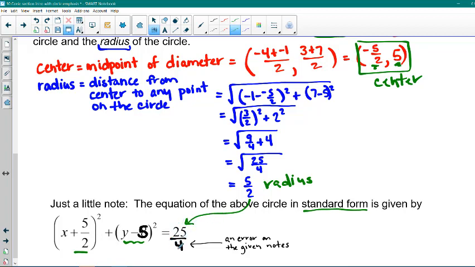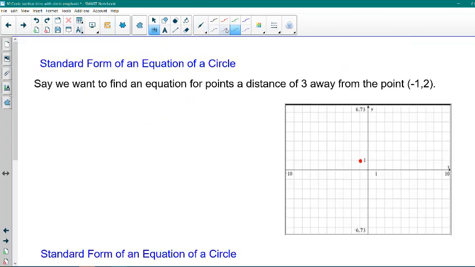So this is our radius squared. So when we know the center of our circle, and oftentimes we'll refer to that as (h, k), and the radius of our circle, which we would refer to as r, we can use these pieces of information to come up with the equation. Let's take a look at another example.